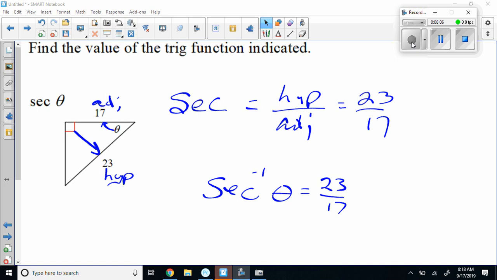See if you could figure that out by using just reciprocal relationships. Let's see if you can do that. It won't be that hard. Secant inverse. I'm just curious, see what you can do.